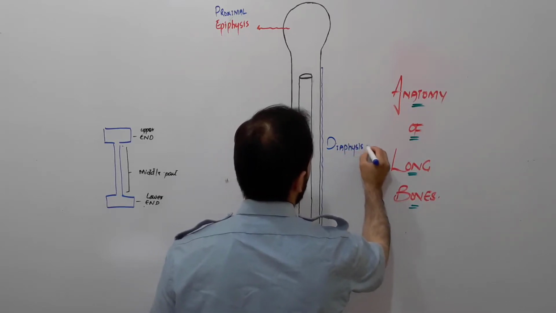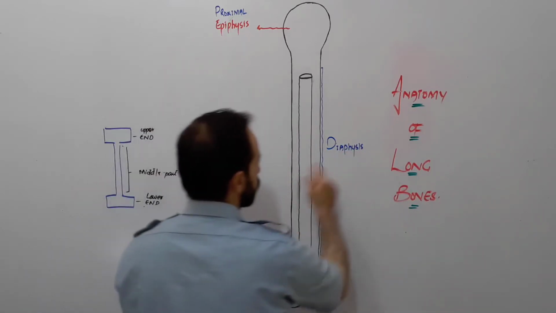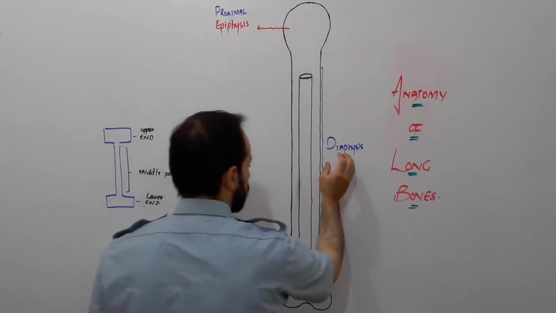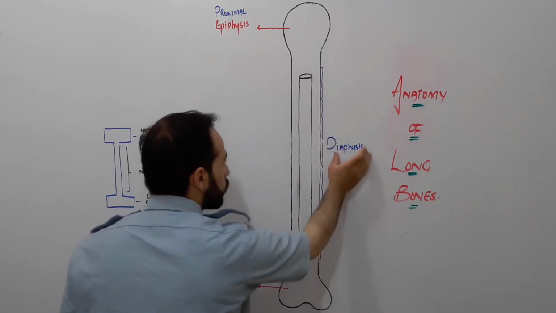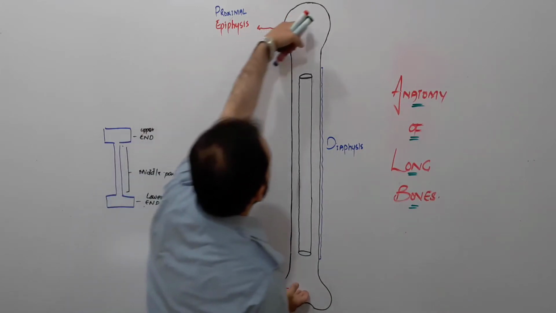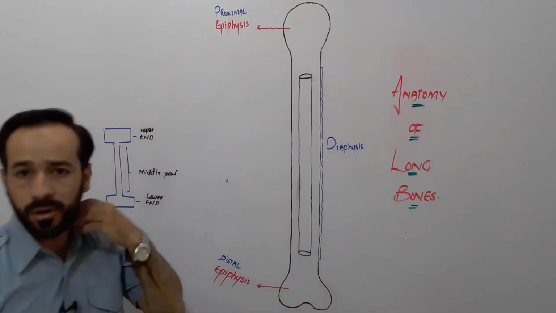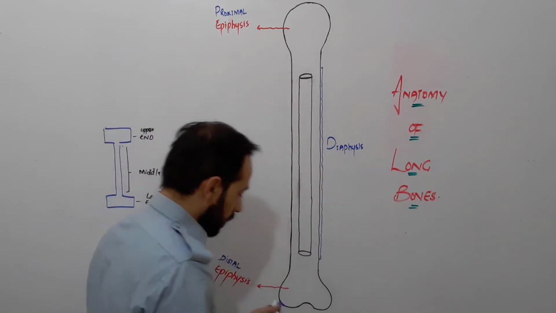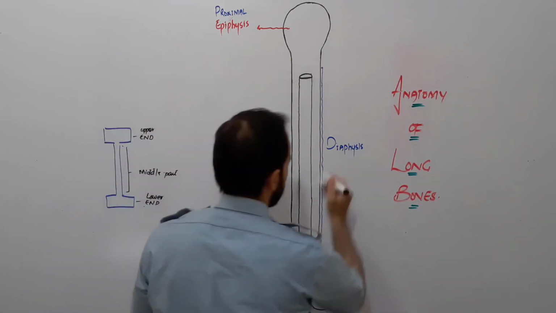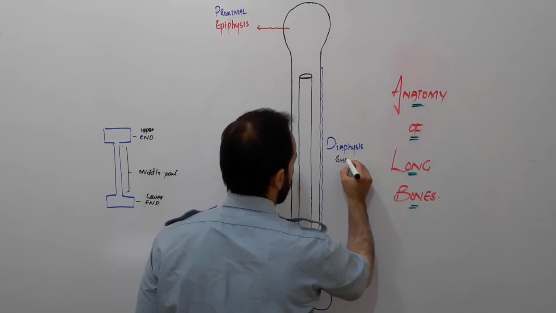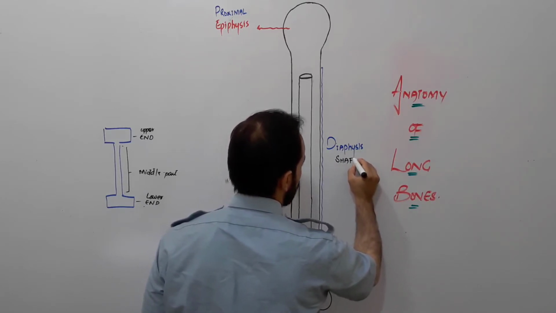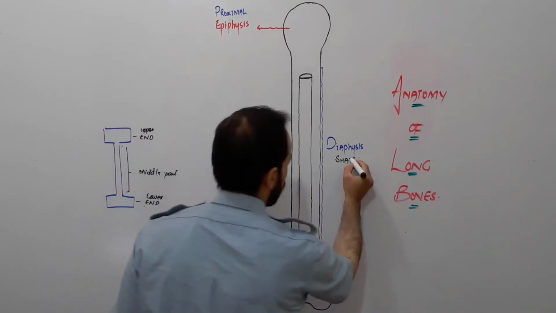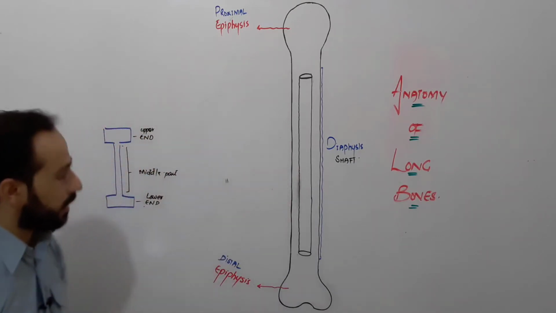Diaphysis means dia. Di means two. It is the part of the long bone which is present between the two epiphyses. That's so simple. The part of the long bone present between the two epiphyses is called diaphysis, or in simple words we call it the shaft. We call it the shaft of the bone, right? So the shaft of the bone is called diaphysis.